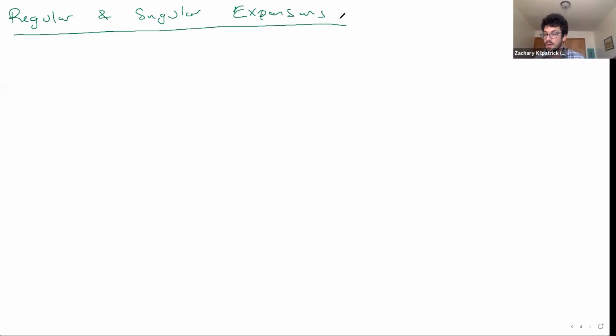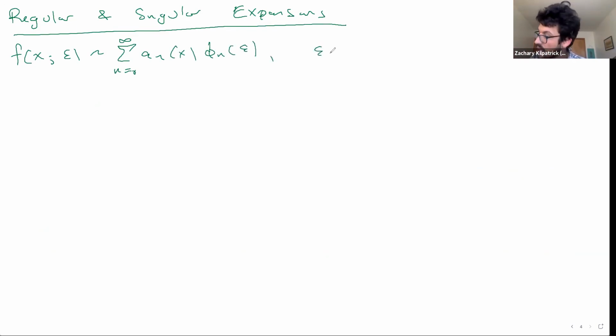Regular expansions are your typical kind, they could be a power series or an expansion in some exotic transcendental function. But the idea is that their behavior is predictable as epsilon goes to 0, okay?